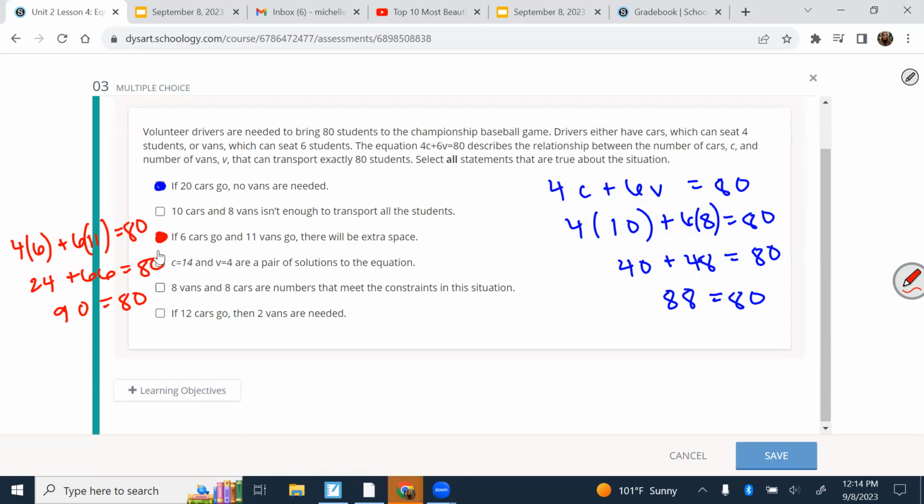It says C equals 14 and B equals 4 are a pair of solutions to the equation. Solutions, remember, are values that make it true. So in this case, it would have to equal 80. I'm going to try that. C will be 14, B will be 4. I feel like I need a calculator for this one. What is 4 times 14?